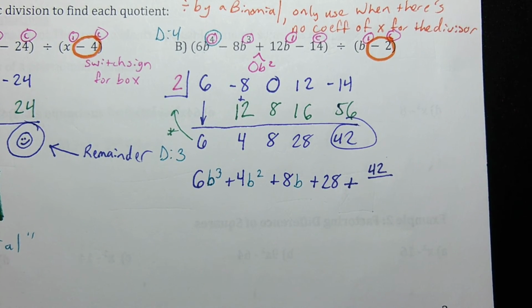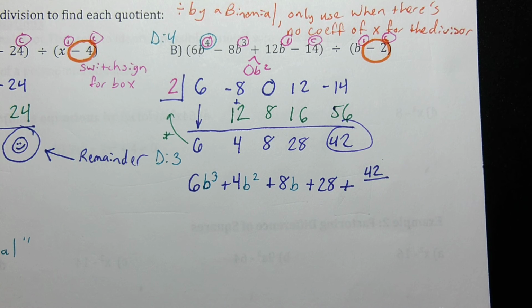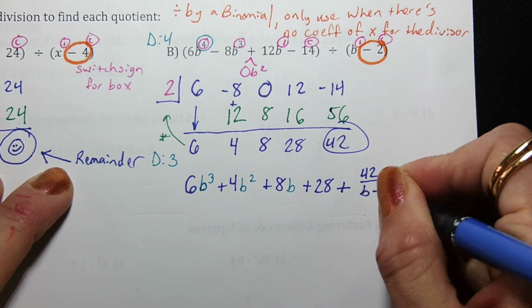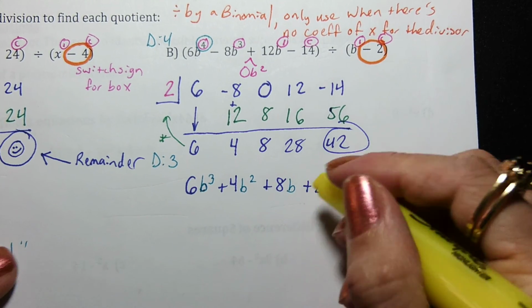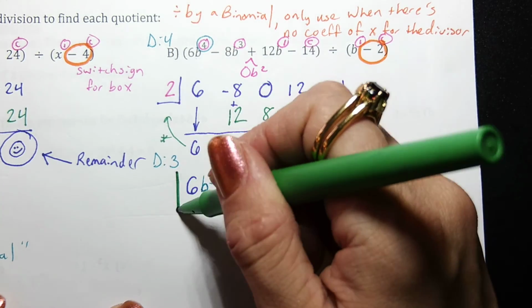What's our divisor? Oh my gosh, you guys are awesome. So sometimes students will say 2. 2 is what goes in the box, but what we're actually dividing by is that b minus 2. So don't forget that plus sign. And there's our final answer.